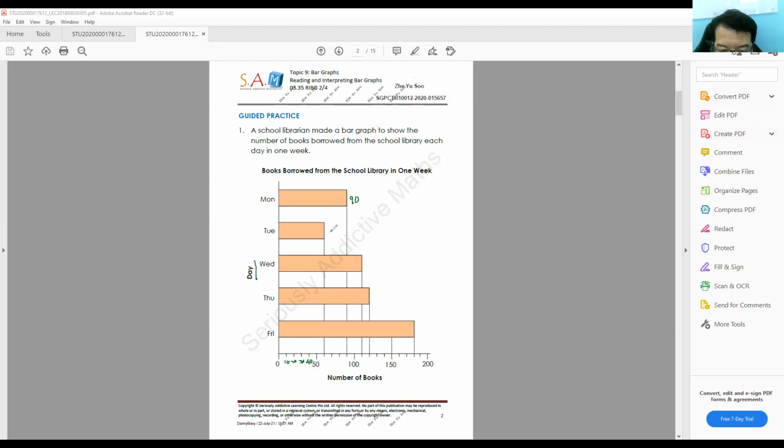Okay, and then what about Tuesday? 60. Wednesday would be 110. Okay, and then Thursday would be, let's see, 110, 120, 120. 10 more than Wednesday. And finally for Friday, 150, 160, 170, 180, 180.